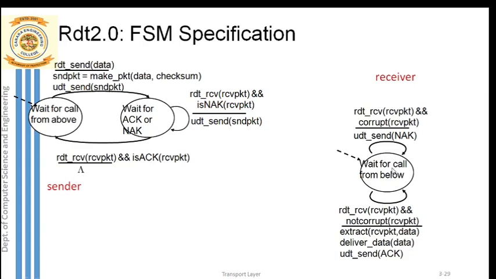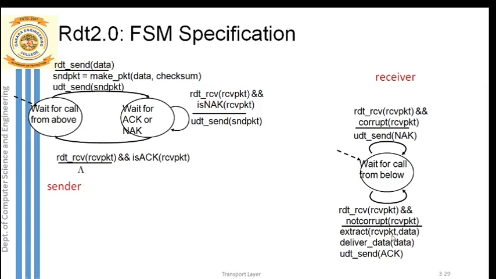There is one more possibility at the receiver side. He receives the packet and checks whether the received packet is corrupted. If it is not corrupted, what will the receiver do? If the data is not corrupted, he doesn't have to do anything special. He will extract the data out of the received packet, because the message is what he is interested in.